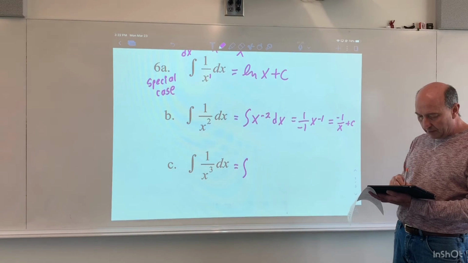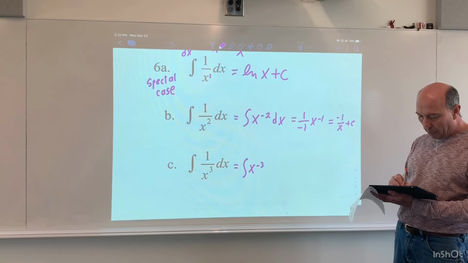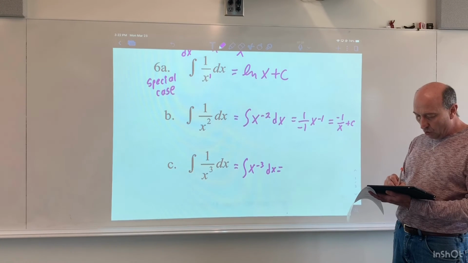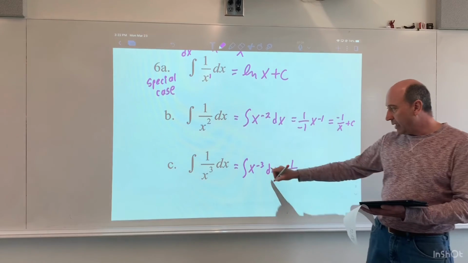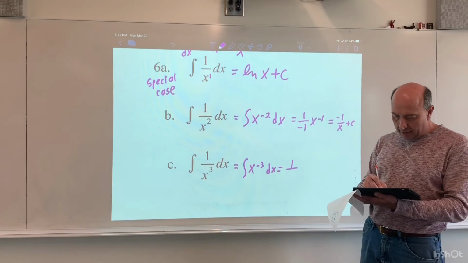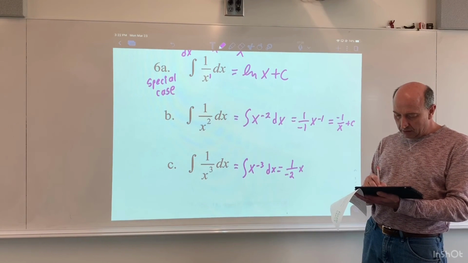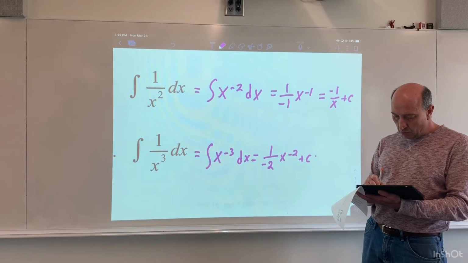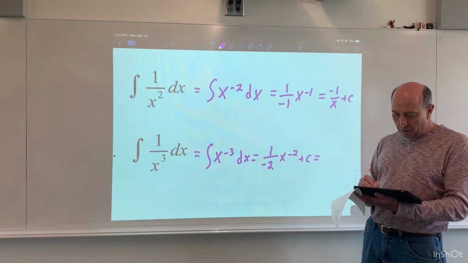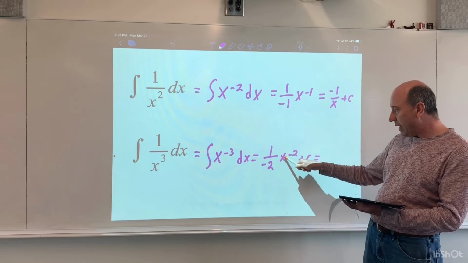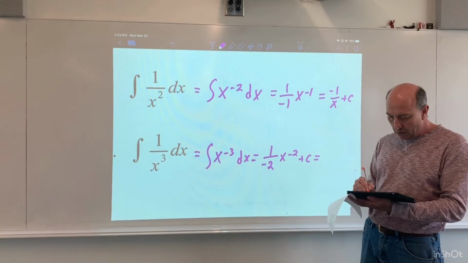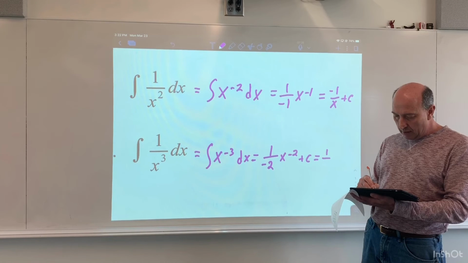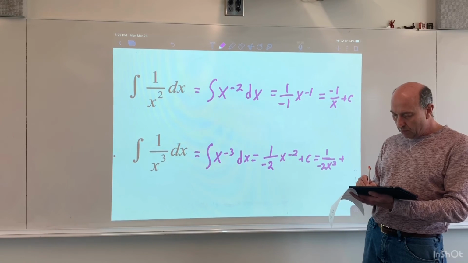This one, flip it to the top, x to the negative 3 is 1 over negative 3 goes up by 1 to negative 2, x to the negative 2 plus c. We'll make that look better. 1 over negative 2, can't do much with that. X to the negative 2, flip to the bottom. So it's 1 over negative 2x squared plus c.